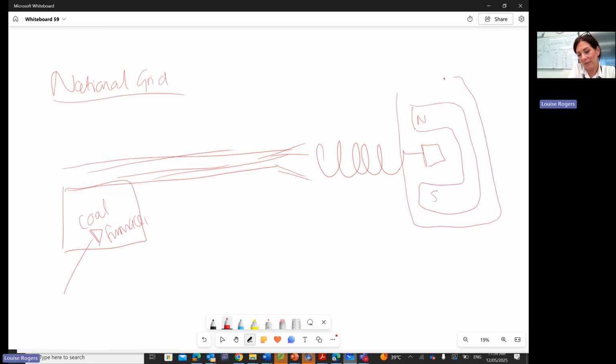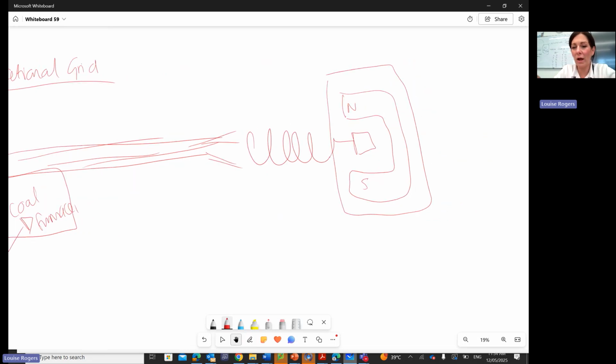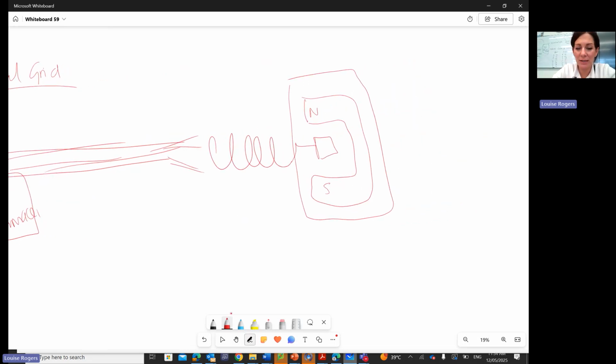This generator here, what it's doing is because the wire is spinning inside of this magnet. Okay, so we've got a magnetic field that goes from north to south like this, and it spins inside of here. And because there's electrons in here, they will be affected by this magnetic field and they will start to move. So what happens is we generate electricity, and that goes into this, which is a transformer.